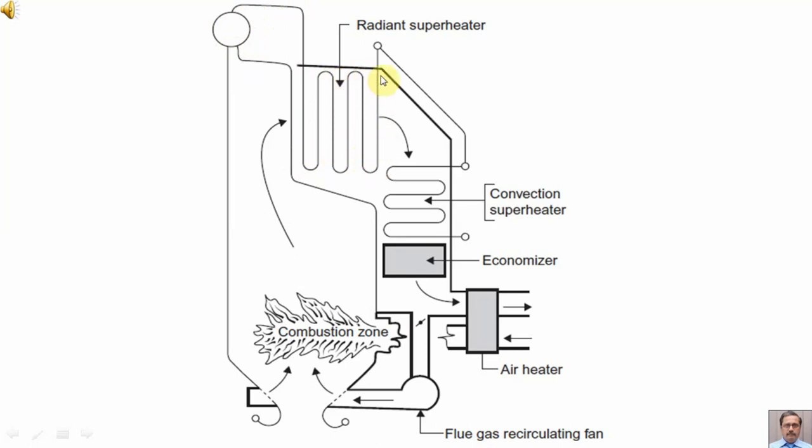After that, the steam is going to the convective superheater. So, radiant superheater and convective superheater are forming a combination. In this lecture, we are going to talk about control of this combination superheater.